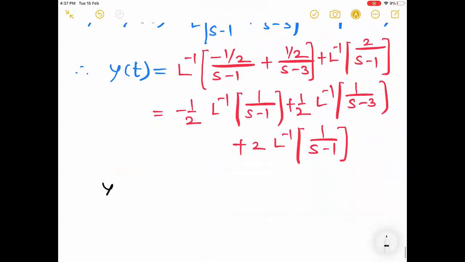So who will tell me the answer for this then? Minus half e raised to t, plus 1 by 2 e raised to 3t, plus 2 e raised to t.